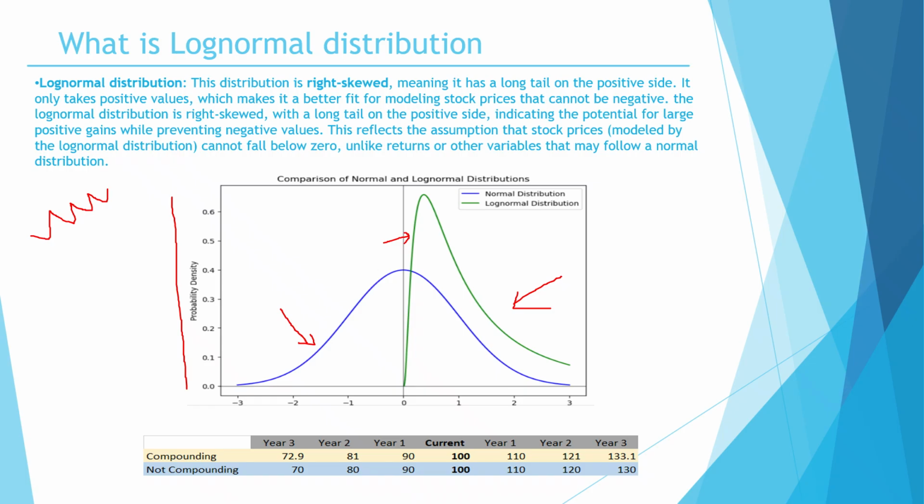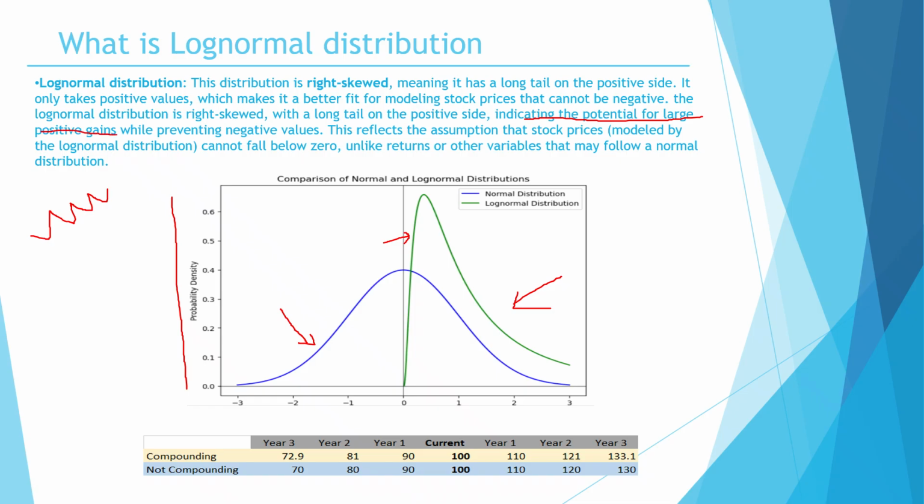Another important point of the log normal distribution for stock prices is that it means there is a potential for large positive gains, which is a very important point.